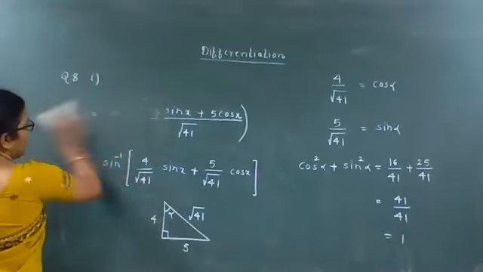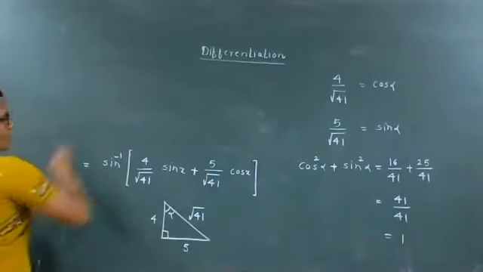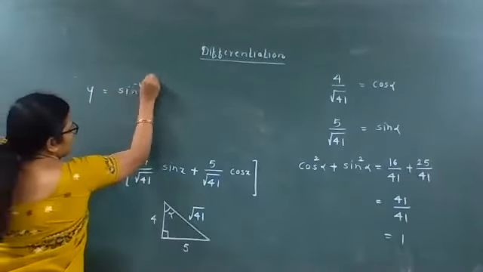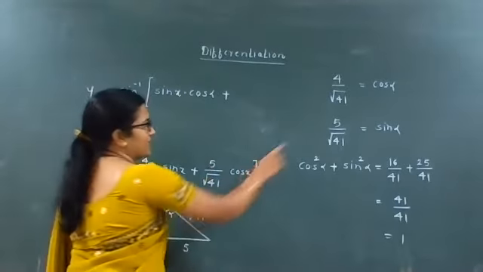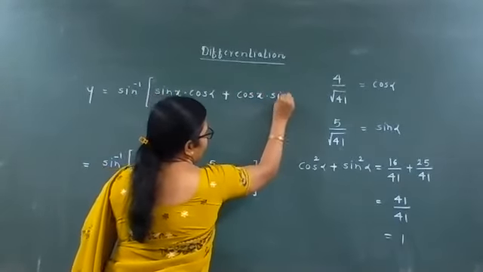Now change this to y. The bracket will now be: 4 upon root 41 we take as cos alpha. So the first term is sin x into cos alpha, plus 5 upon root 41 is sin alpha, so it is cos x into sin alpha.